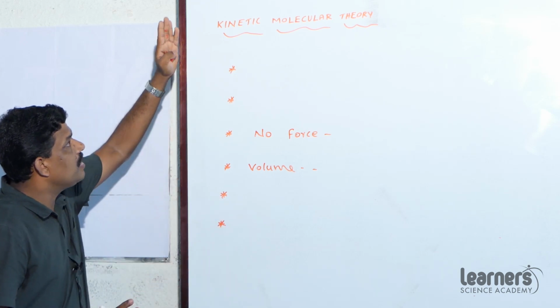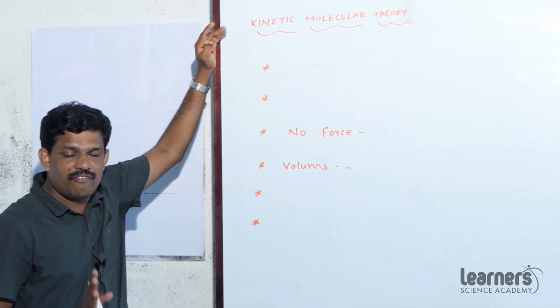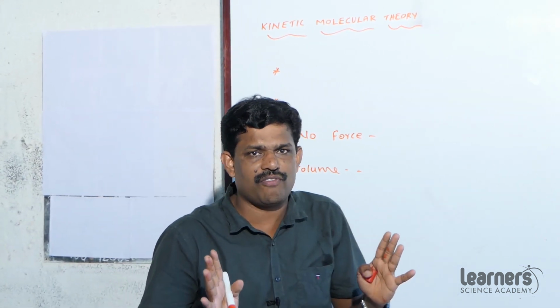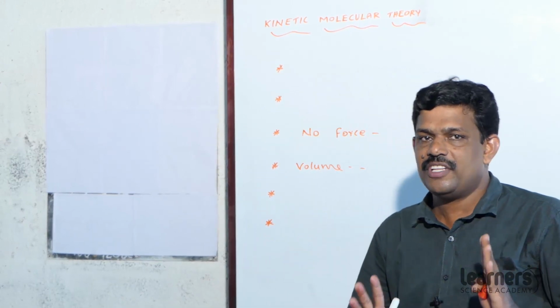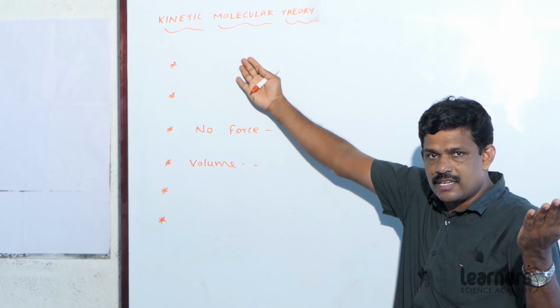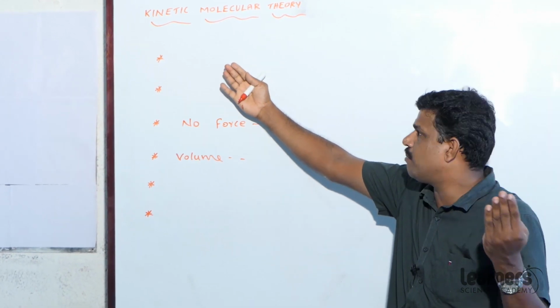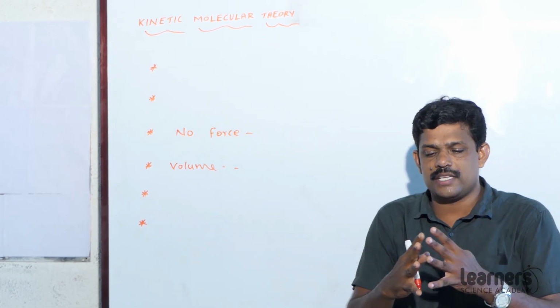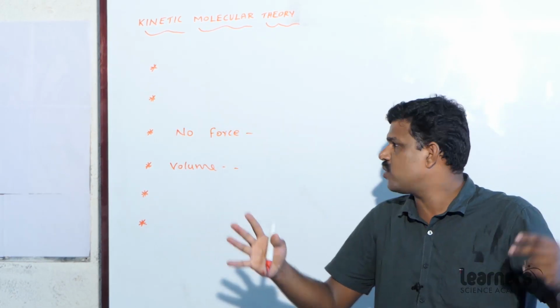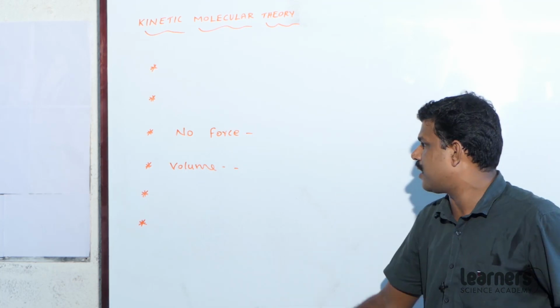So in chemistry, when we study kinetic molecular theory, we must study 3 or 4 postulates of this one. Once again, it says that gases consist of large number of minute particles, atoms or molecules. Gas particles are in constant random motion. There is no force of attraction between gas particles.